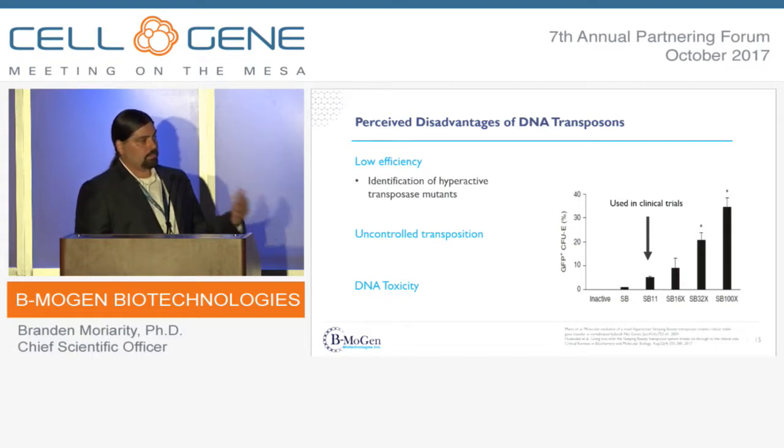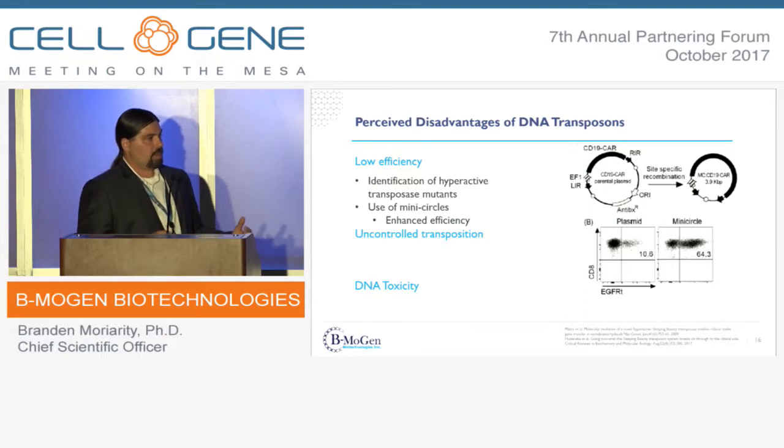But now people have developed hyperactive transposases to reach the rates of viral delivery as well. In addition, people have developed strategies to minimize the DNA cargo of a DNA transposon because they're delivered as plasmids. So they use these mini-circle plasmids, and essentially this allows for even more increased efficiency.